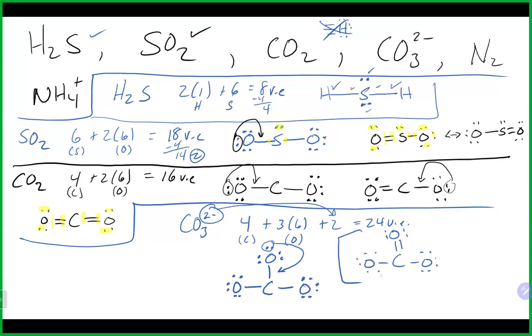Once again, since it does have a charge, we'll put some brackets around it and a minus 2. This is again another one where you could have done a resonance structure by just double bonding at any of the oxygens that you chose. So again, if you chose to double bond to the left, your picture would look something like this.